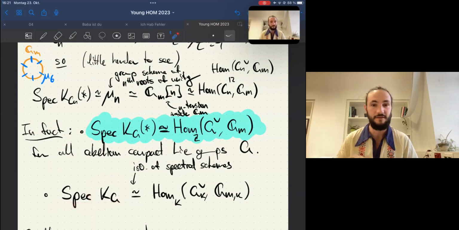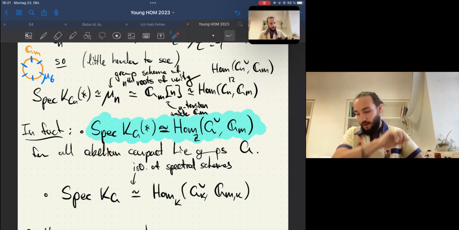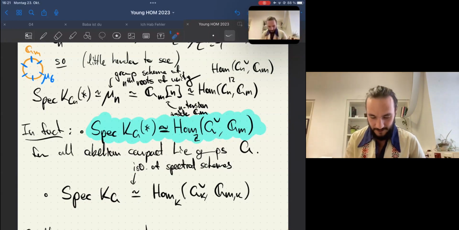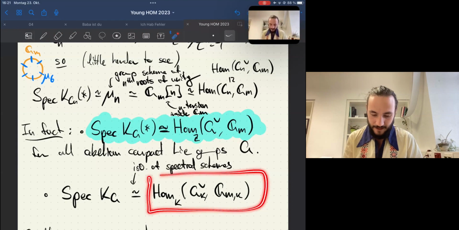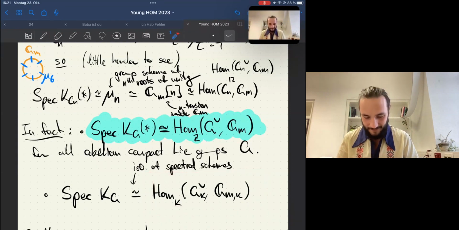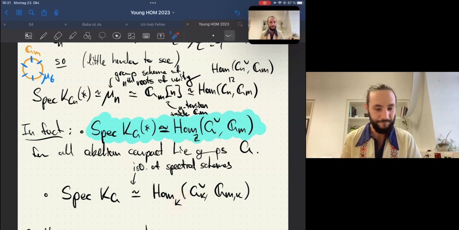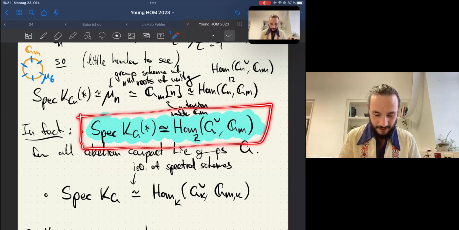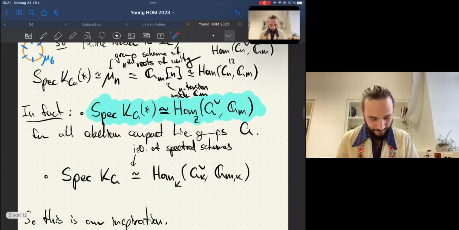So this will be the G fixed points of K-theory. And here we have Hom, excuse me, this is now the Hom group scheme, again, in the category of spectral schemes over this E infinity ring K. And this is pretty remarkable, that this isomorphism lifts from a discrete thing to a very spectral thing.